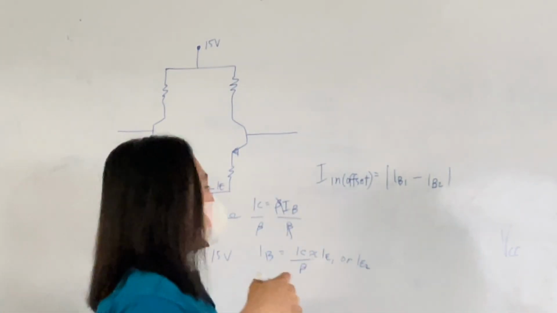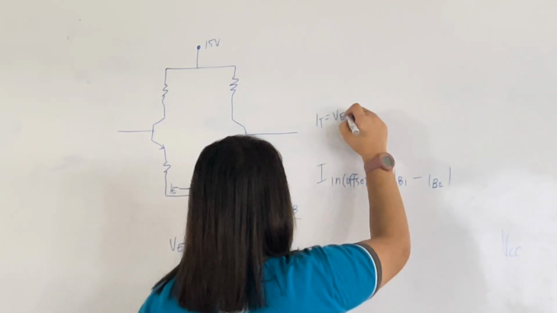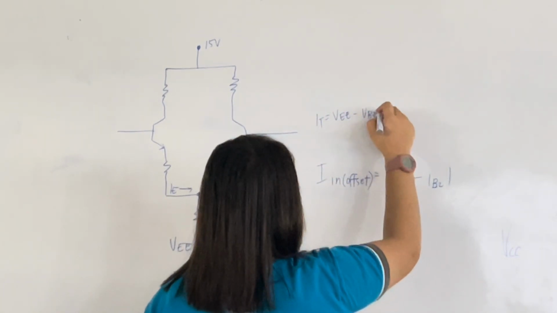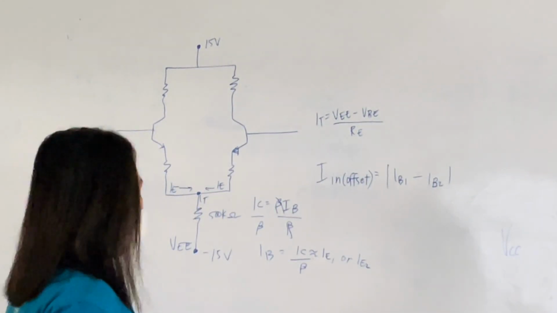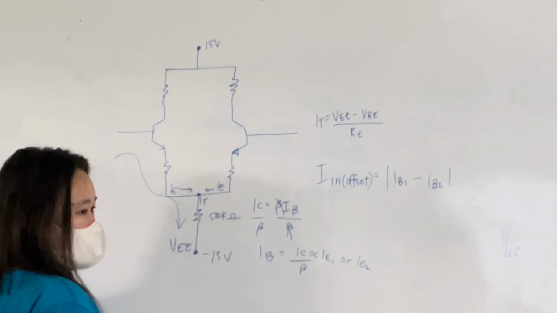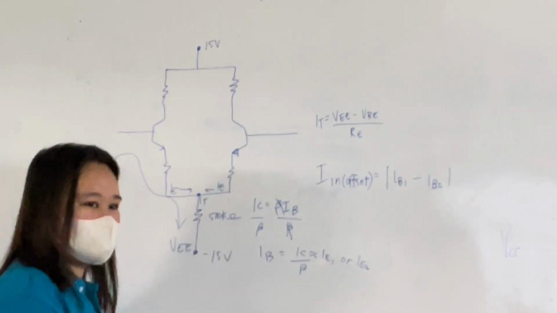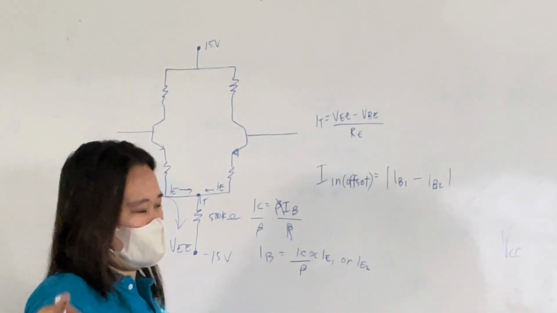How do we solve the tail current? IT is VEE minus VBE over RE. If you do looping, it is almost the same. But this is the formula for review.